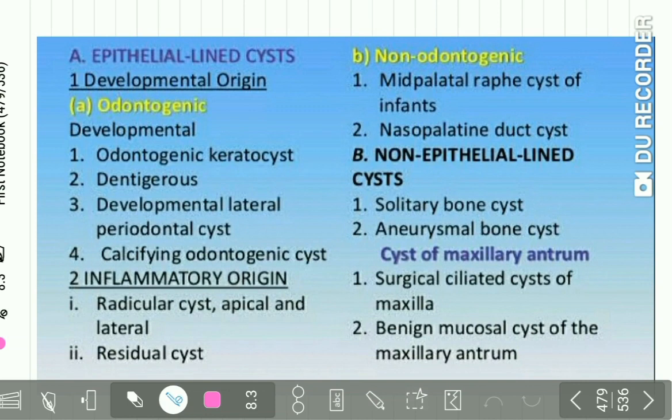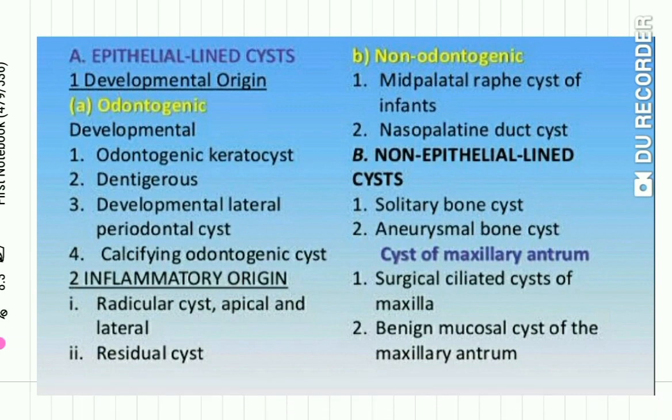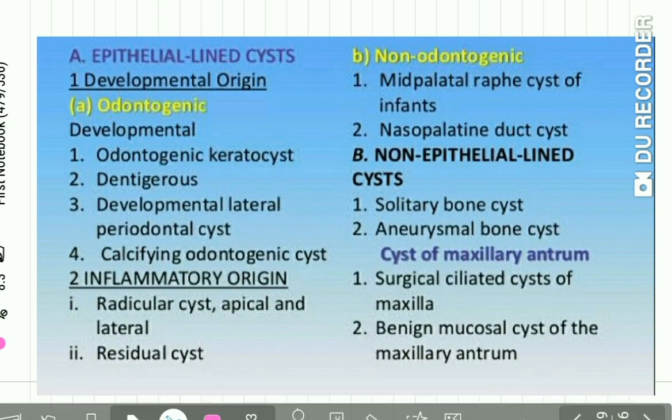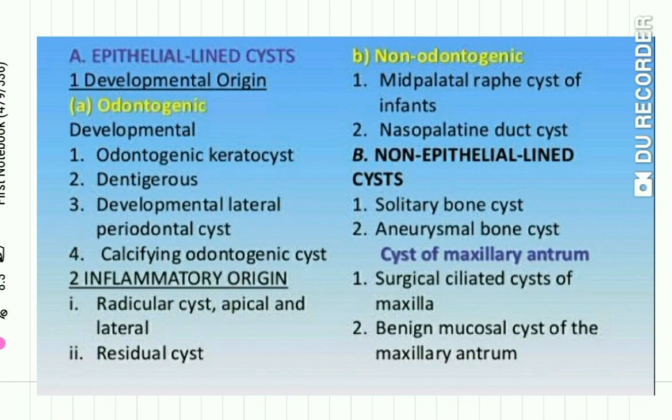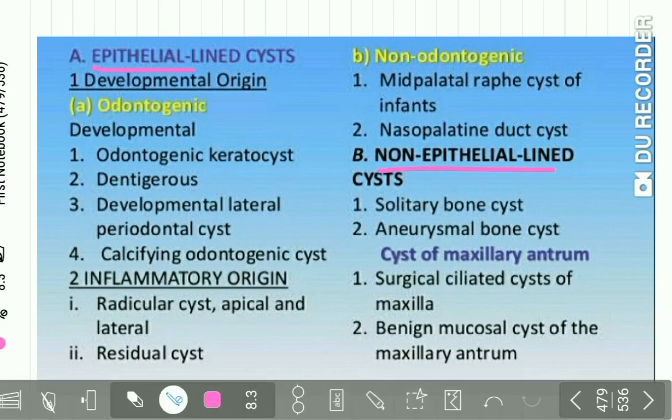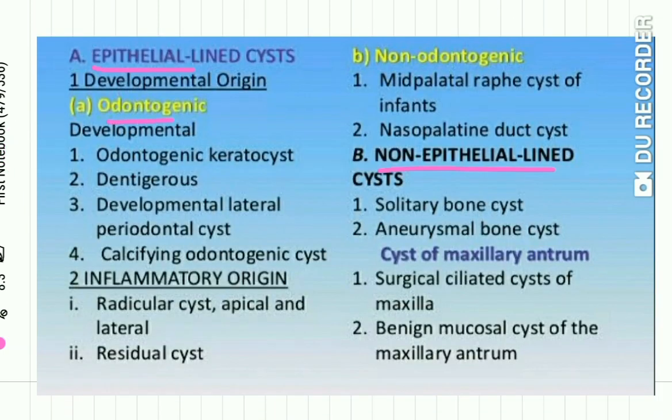Now, let us study which cysts are in each subgroup of WHO classification of odontogenic cysts. So, the WHO has first classified the odontogenic cysts into epithelial lined and non-epithelial lined cysts. Now, the epithelial lined cysts are of two types: odontogenic and non-odontogenic.